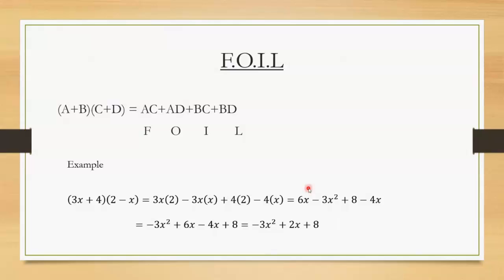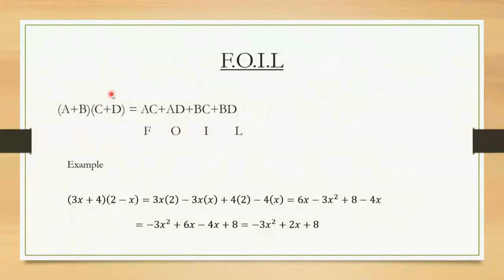So now, what we actually just did, you might have seen this before, is called FOIL. It stands for the first terms. If you're multiplying two binomials, and a binomial is a polynomial with two terms, you have the first terms, that's what F stands for.